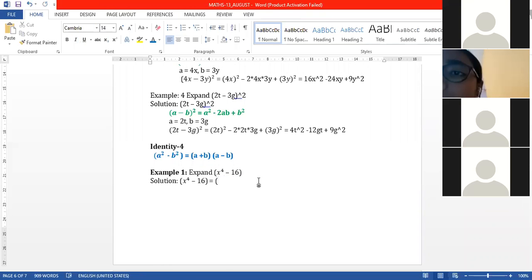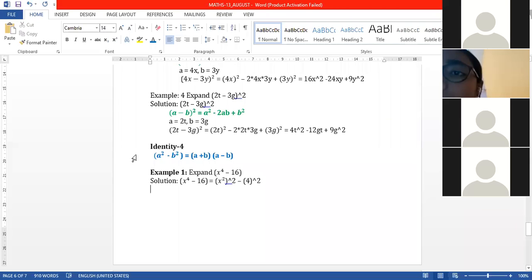So (x square) whole square minus (4) whole square. Now it is looking like a square minus b square form, where the value of a is x square and the value of b is 4.